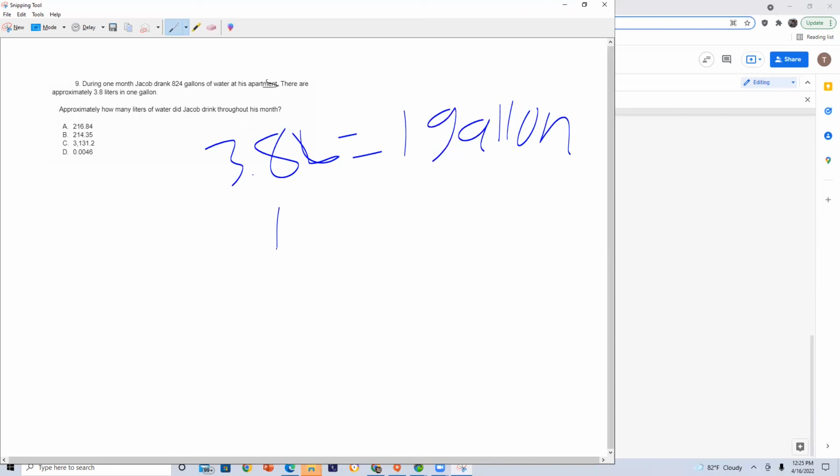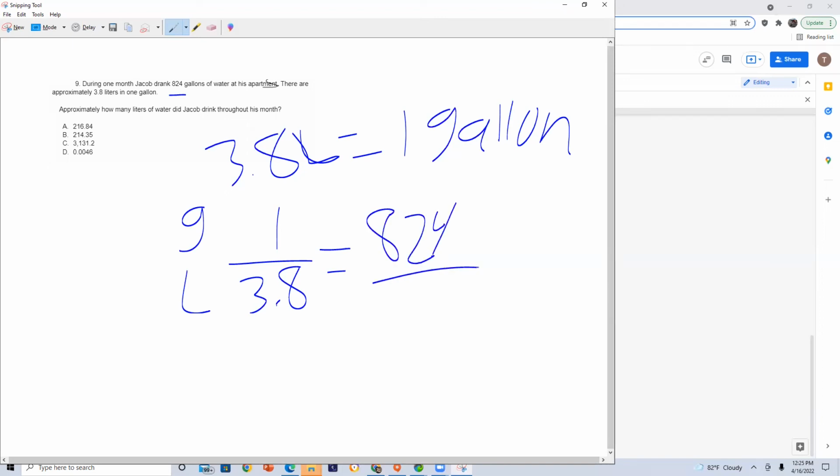So proportions, this would be G, and then this would be the liters. So 1 over 3.8. And then here we would put the number of gallons, 824, over how many liters? X. And then we just do cross multiplication, like the butterfly method.